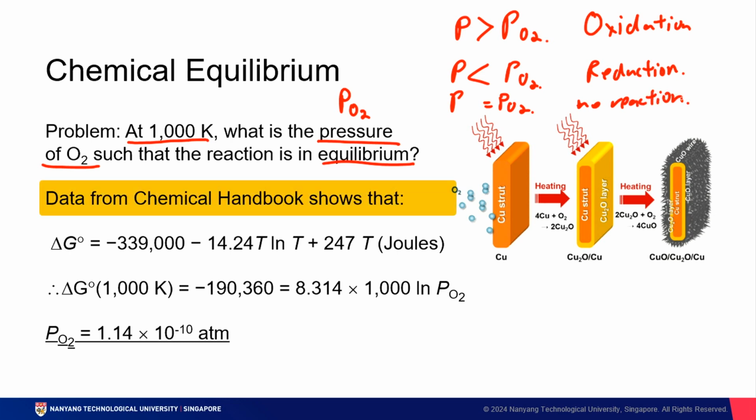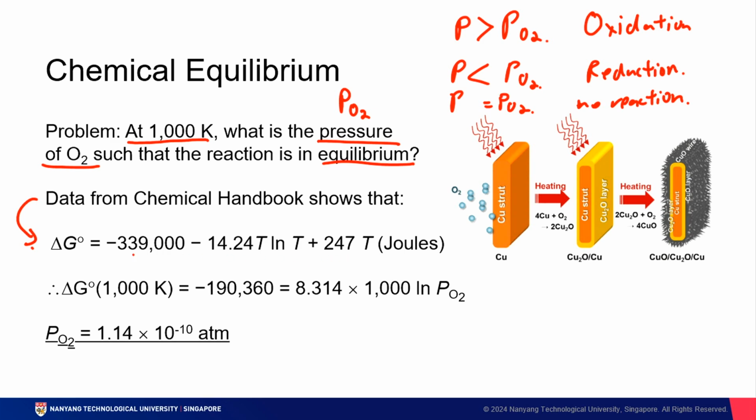The good news is that chemical handbooks usually give you the G naught of many different kinds of metals, and all you have to do is substitute in directly.